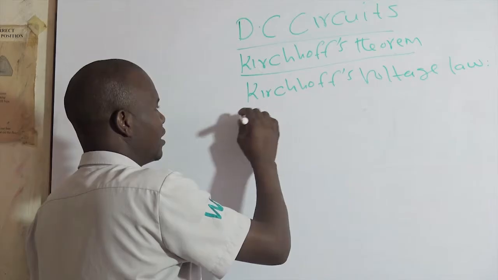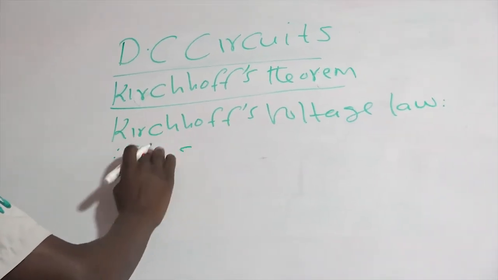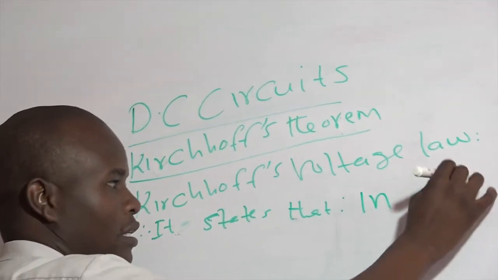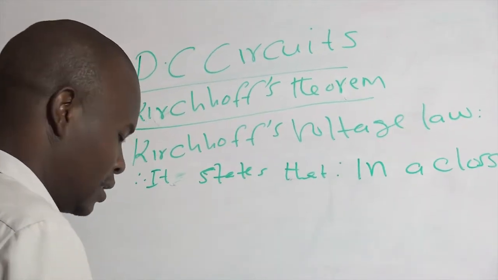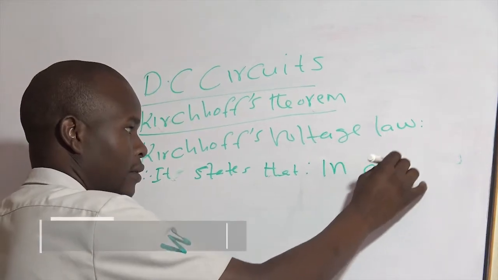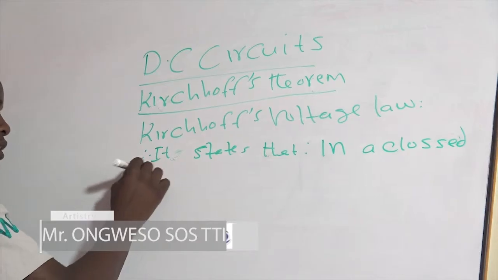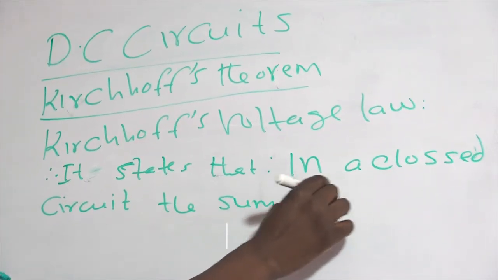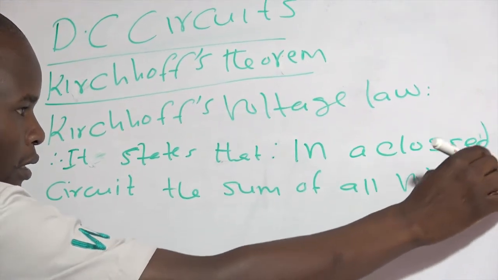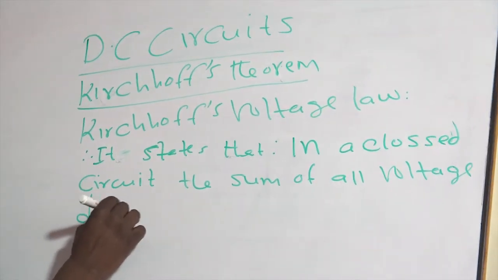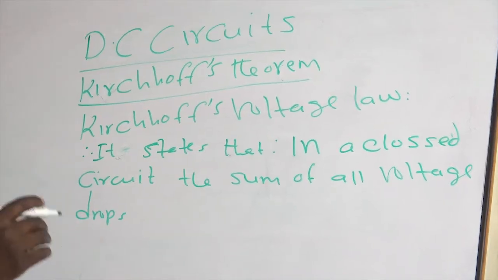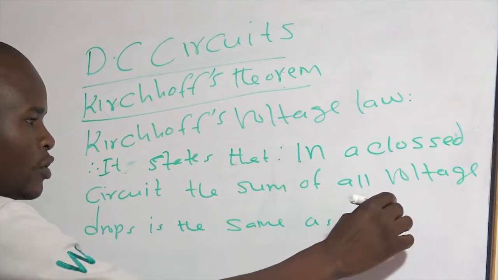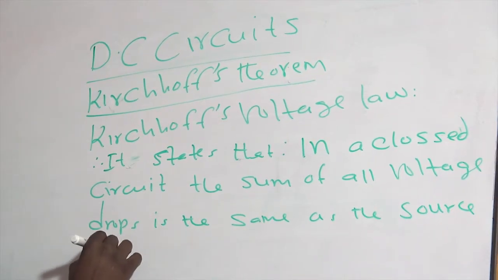Kirchhoff's voltage law states that in a closed circuit, the sum of all voltage drops is the same as the source EMF or supply.